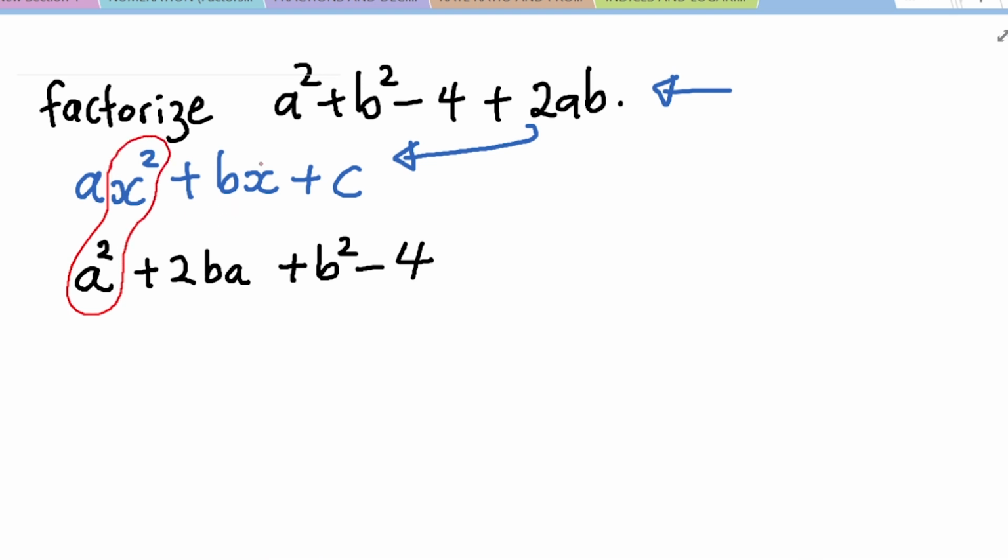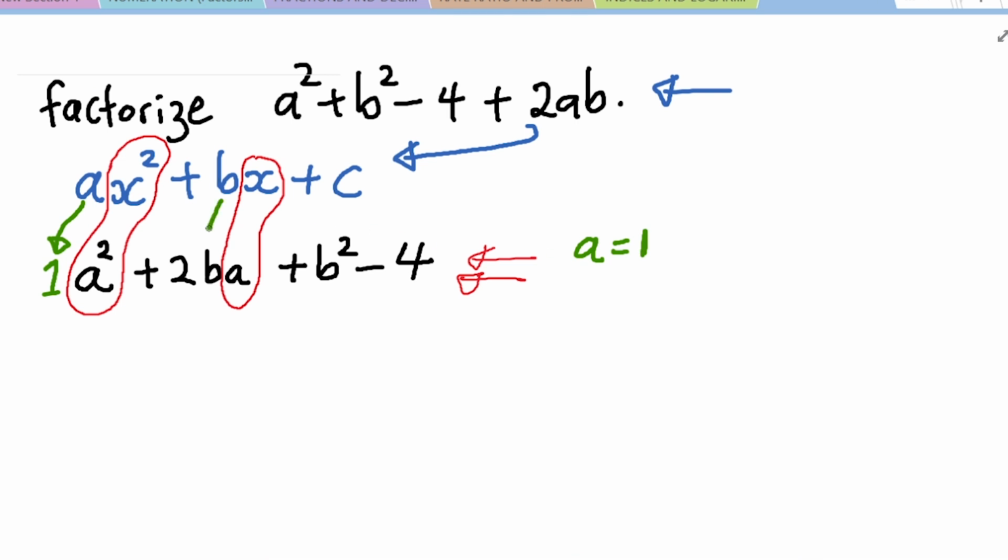So here, my x squared, meaning my x here is the a here. Remember, the a is the x. So it means that my value of a, as far as this expression is concerned, I want you to take note carefully, my value of a here is 1.